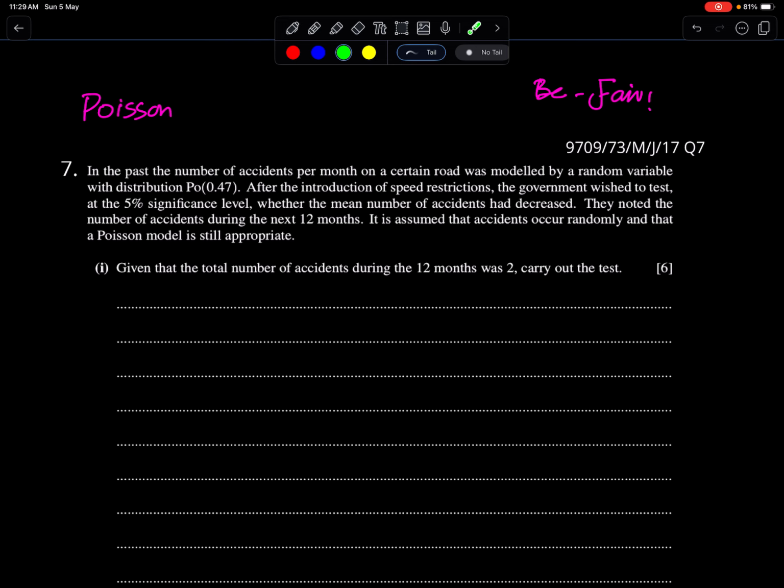This question is from June 17, paper 7.3, question 7. In the past, the number of accidents per month. Now, this information will help you to understand that this question is of Poisson because of single events.